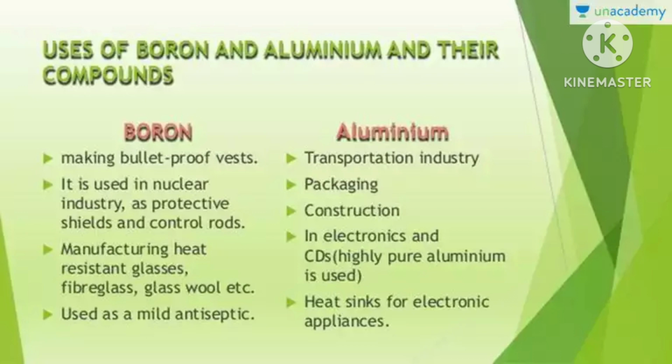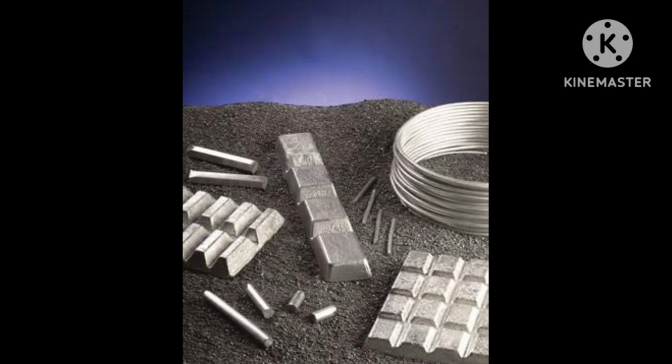Aluminum uses, now listen. Aluminum is a bright silvery white metal with high tensile strength, very strong. It has high electrical and thermal conductivity. Electricity can be passed; nowadays current passes through aluminum wire. Heat can be passed too.